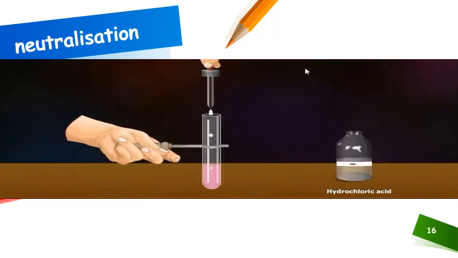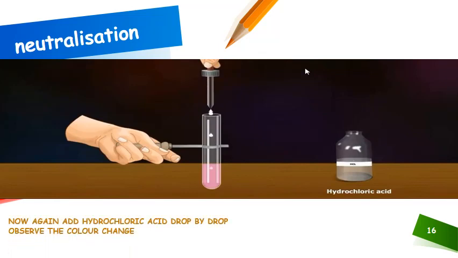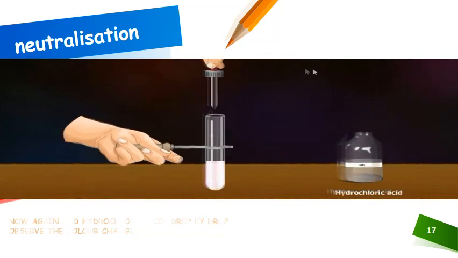Then let us take this hydrochloric acid again and add it slowly, drop by drop, into the test tube. What is the color of the test tube? It is pink. Now you are adding the hydrochloric acid slowly, drop by drop. Again you have to observe the color. Slowly the acid combines with the base and forms a neutral solution.